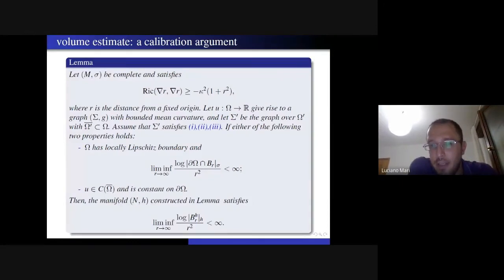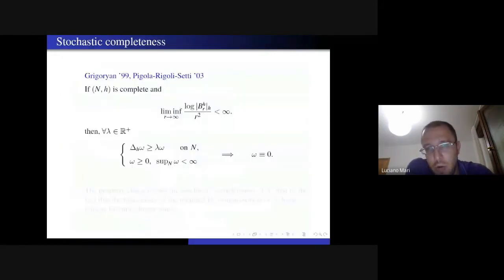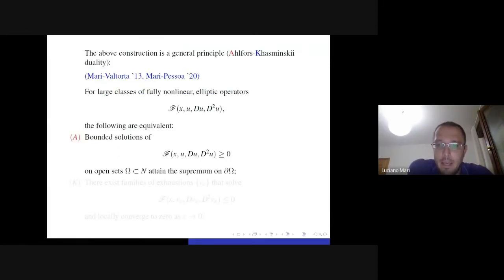So this quadratic decay of the Ricci curvature is on M, and is used to estimate those terms in the calibration argument, the simpler ones, that are either the vertical, related to the boundary of a ball in M, or the horizontal part, which is the volume of a full ball again in M. So you don't control the curvature in N. Every control on the Ricci curvature is only in M. You don't control the curvature on sigma, and so you don't control the curvature on N. You can only control volumes. Is that okay? Yes. Okay.